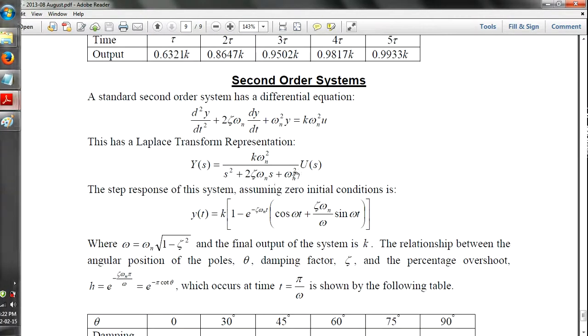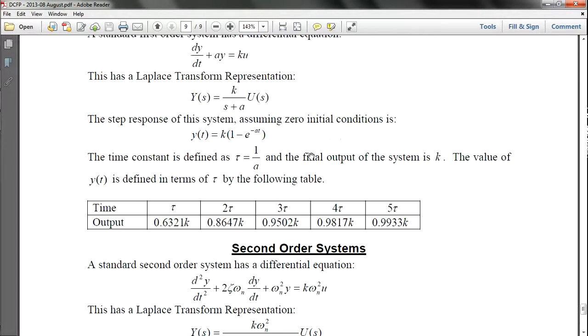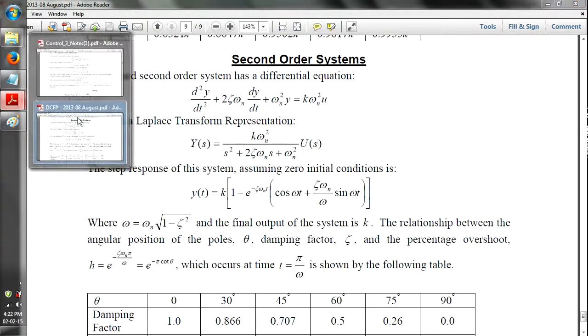It's a little different from the formula sheet, so you have to take note. The output is the transfer function times k times the input, so it's one chunk together, like a buy one get one free type of thing.